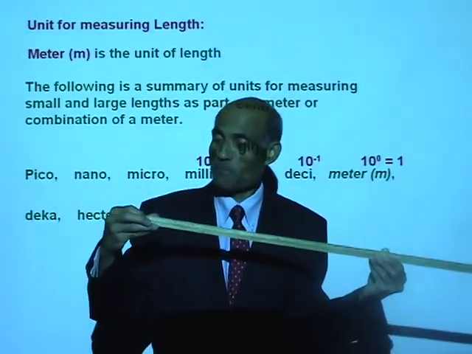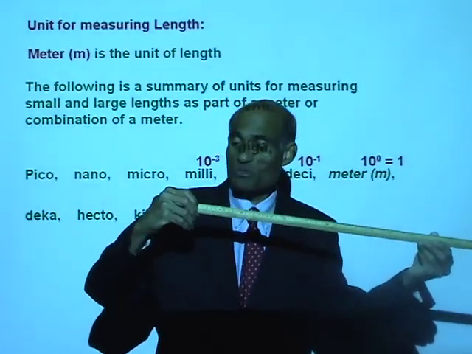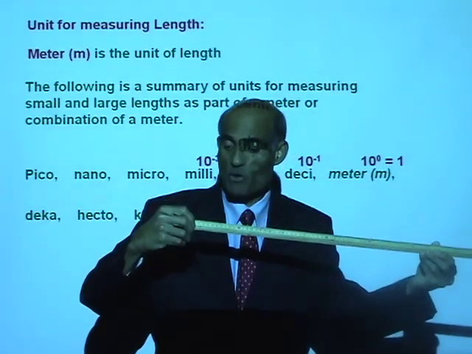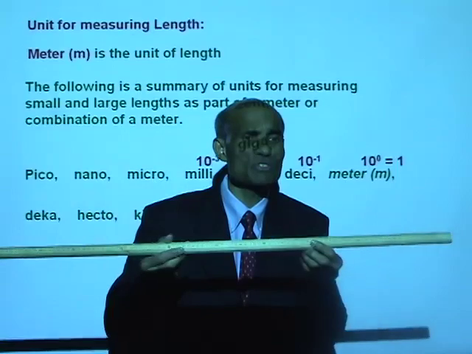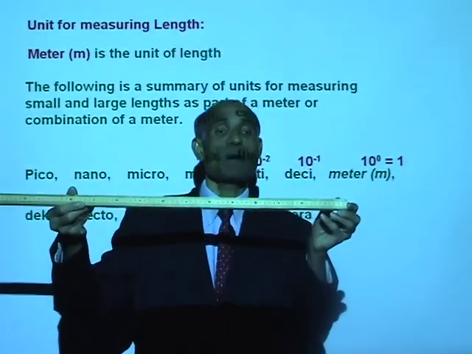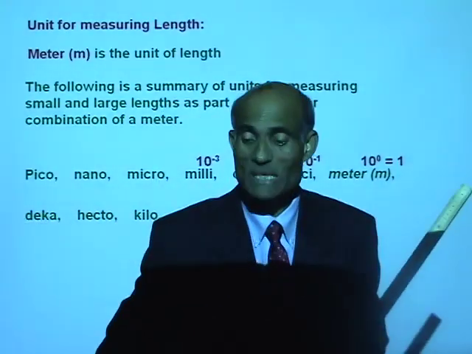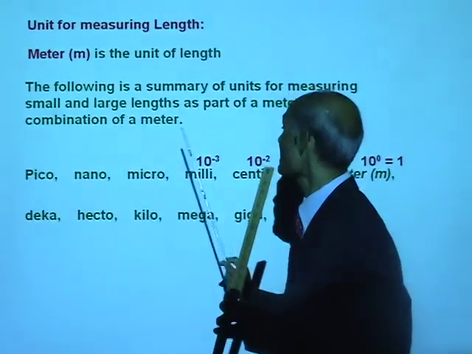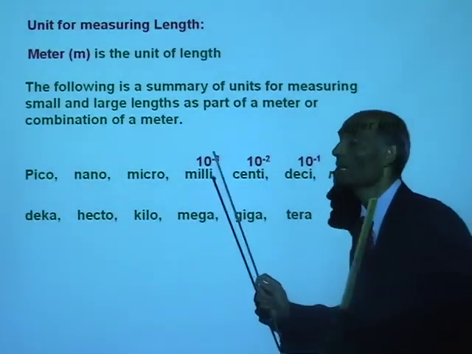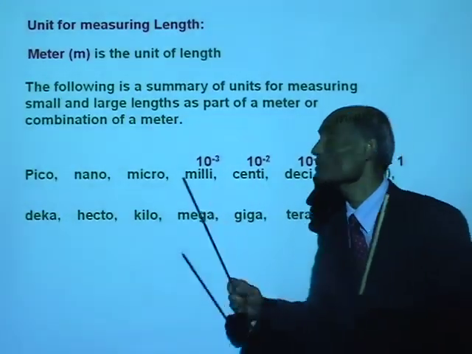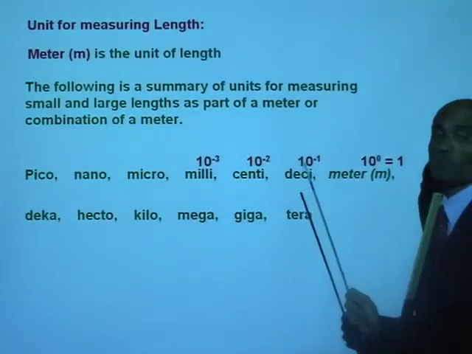The smallest division is a millimeter, and there are 1,000 of those millimeters in this length of 1 meter. So 1 meter contains 1,000 millimeters. A millimeter is a 1,000th of a meter.